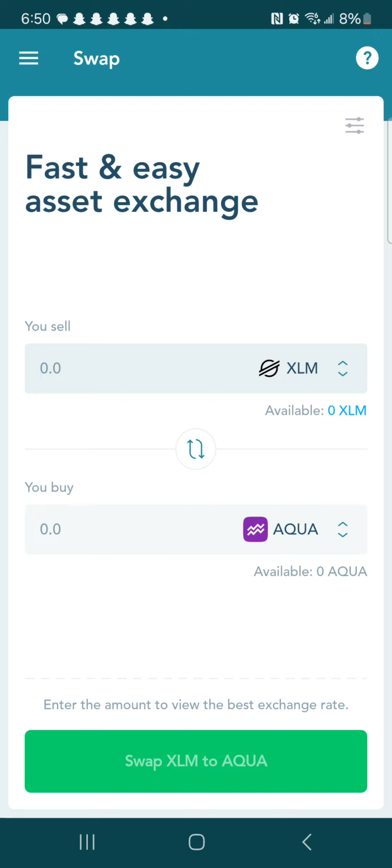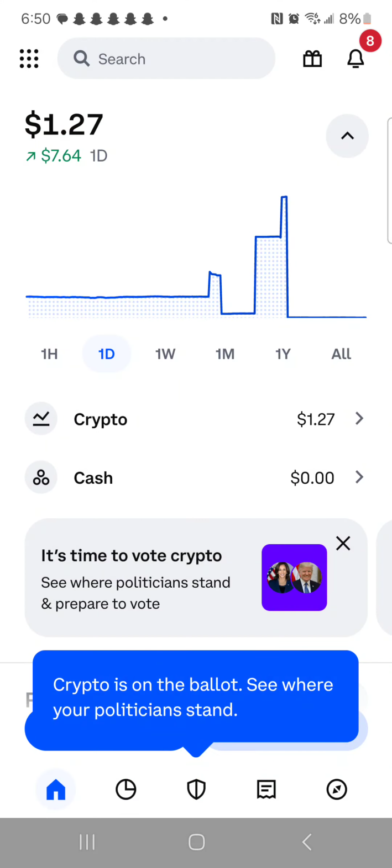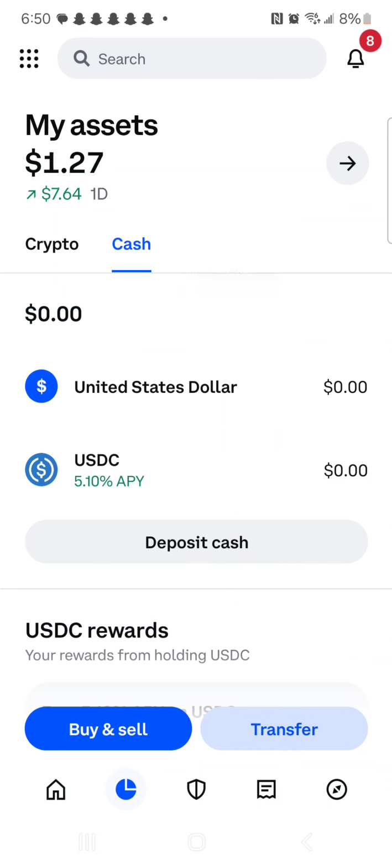But in doing that, whenever you swap into USDC, you're swapping it into cash. You can do one of two things. Once you swap into USDC, you can send your USDC to, like, your Coinbase. And as you hit cash, see how it says USDC, they'll give you 5.10% APY, which is technically a savings account.